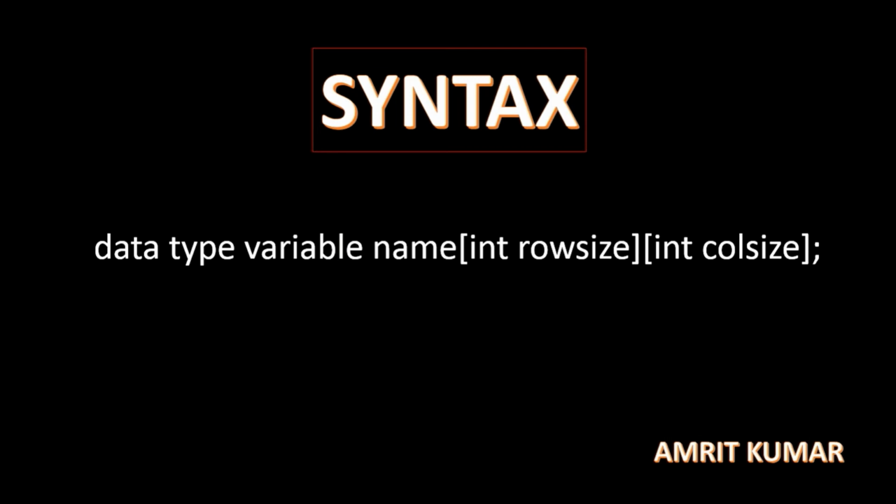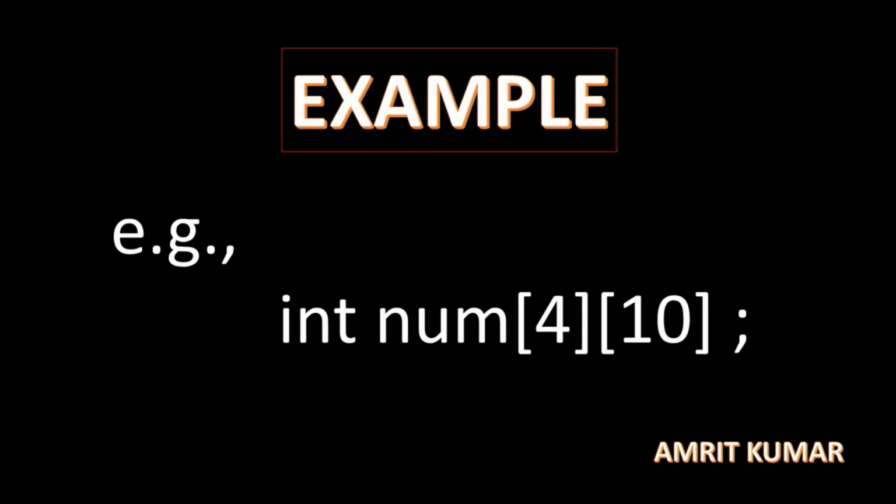Now let's move forward to an example. I have a variable which stores 4 as the row size and 10 as the column size. What does it actually mean? It means that we are creating 4 rows and 10 columns.